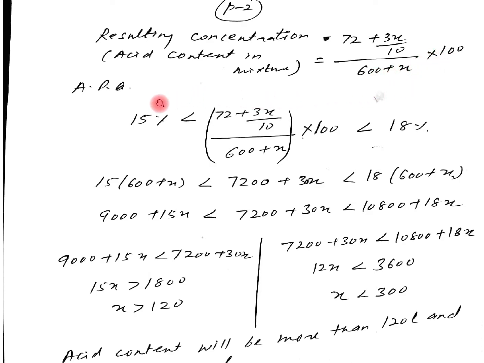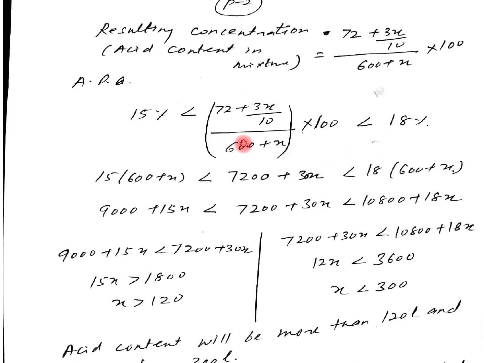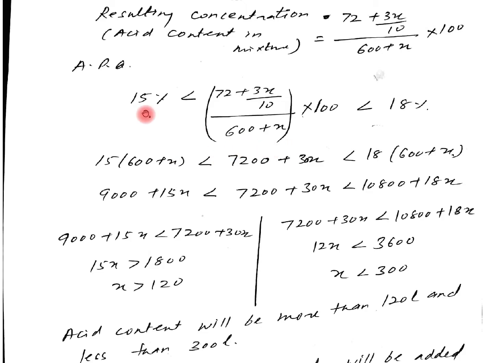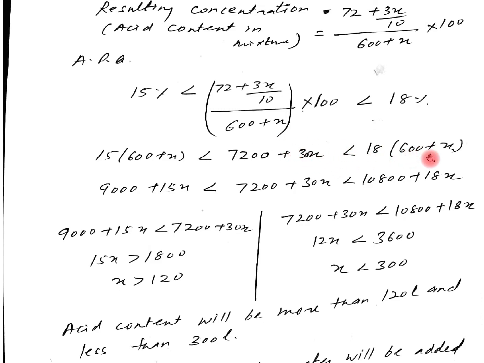Now it is mentioned in the question this concentration of the acid in the solution must lie between 15% and 18%. Now just writing it and simplifying it by cross multiplication, it becomes 15 into 600 plus x less than, simplifying these two terms we are getting 7200 plus 30x less than 18 into 600 plus x.